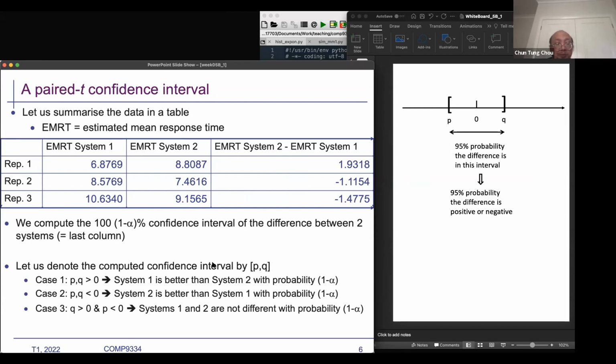Now, after explaining how we are going to make the decision, what we're going to do is compute the confidence interval of these 3 numbers and see what it looks like.